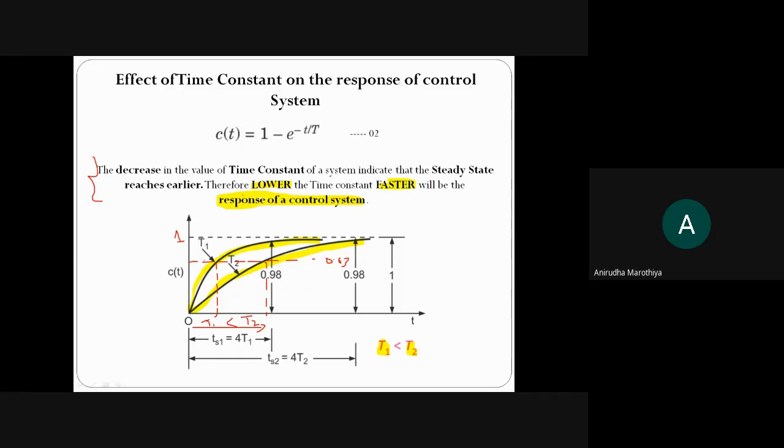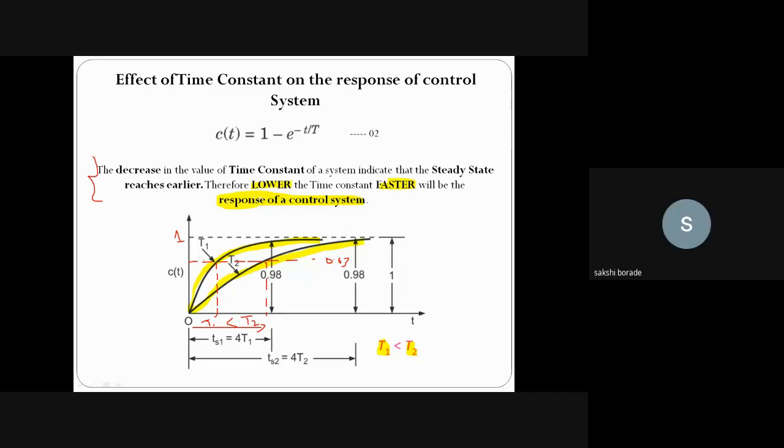And please let me know once you are done with this. हो गया ड्रॉ करके? लिख लिया आपने?